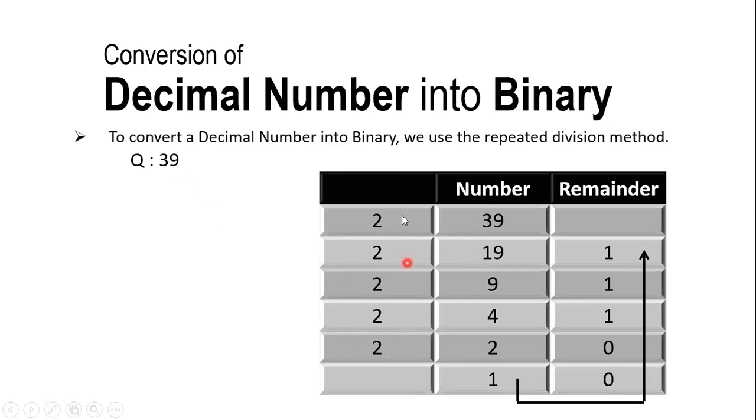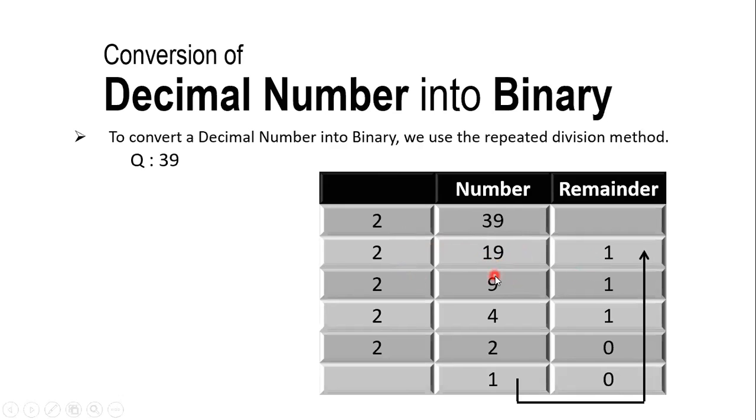It's the base of the binary number system. We keep dividing the number given in the question again and again by 2. In the very first step, 2 divides 39, which gives the answer 19, and there will be a remainder as well, 1. We need to keep writing the remainders at one side, and that will make our answer.